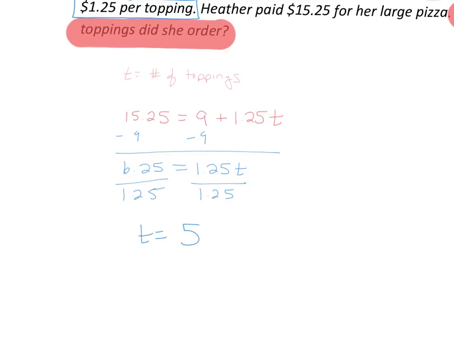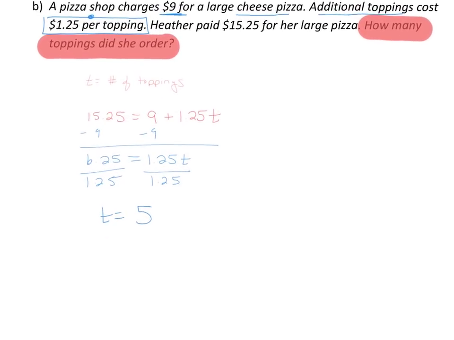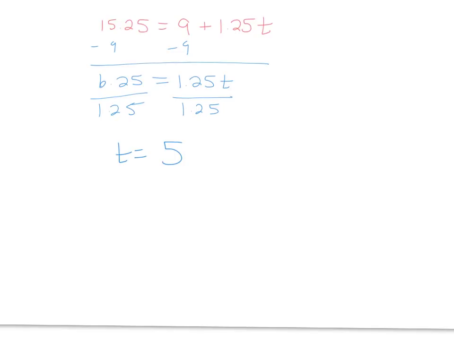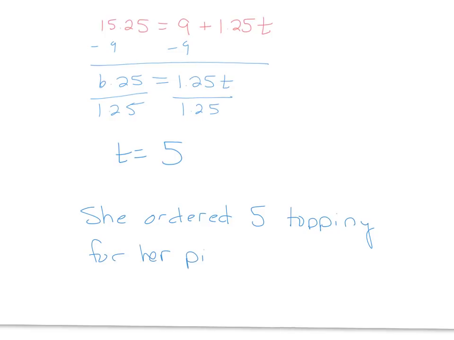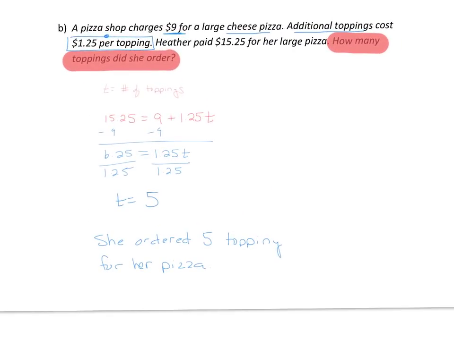So now you're going to write your sentence. She ordered 5 toppings for her pizza. Okay, and flip over to the page here.